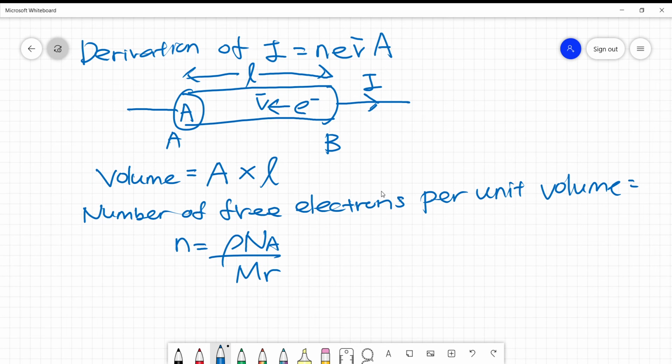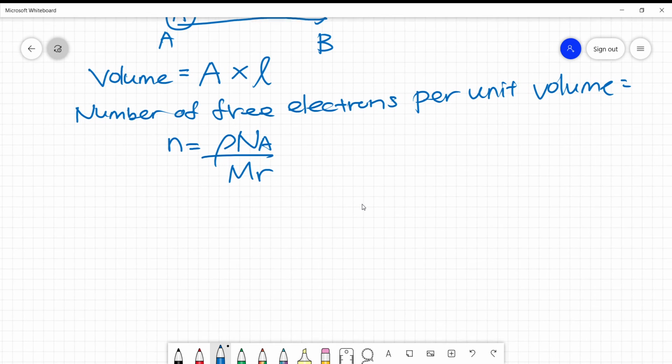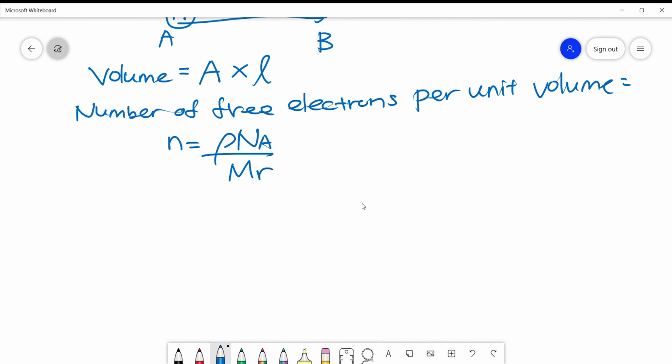So if I wish to find out the total free electrons inside the wire, what I need to do is multiply the number of free electrons per unit volume by the volume of the wire.